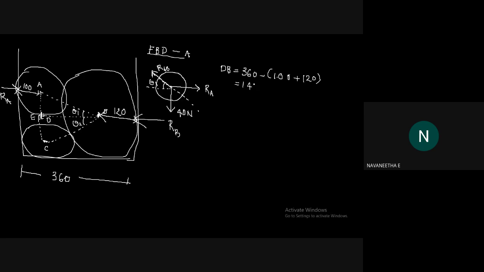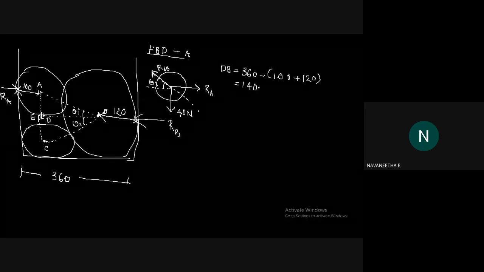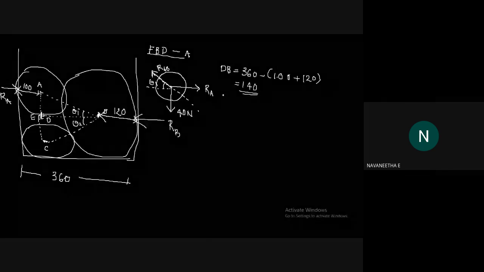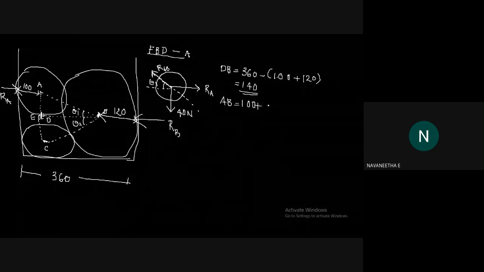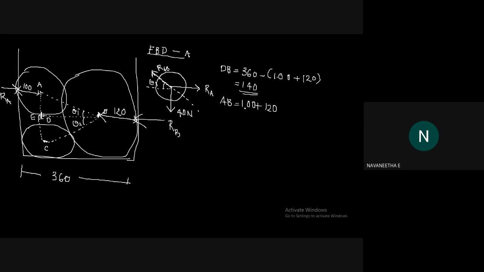DB equal to 140. Also, you need to find out AB. What is the value of AB? It is the sum of the radius of A and B. So 100 plus 120, that is equal to 220, right?